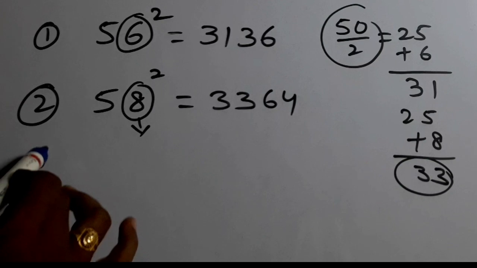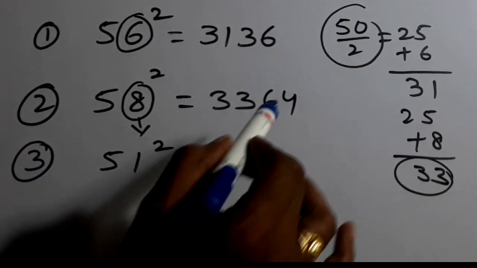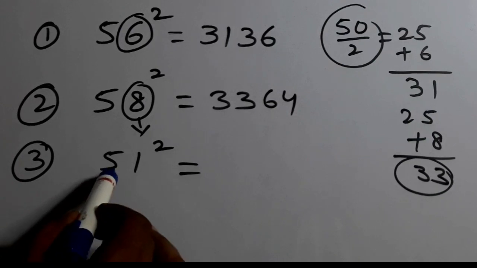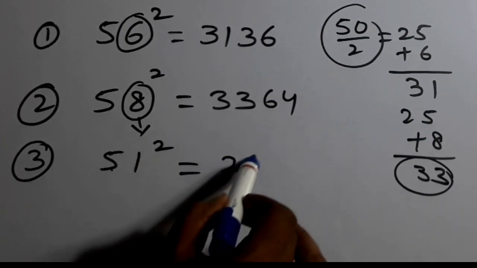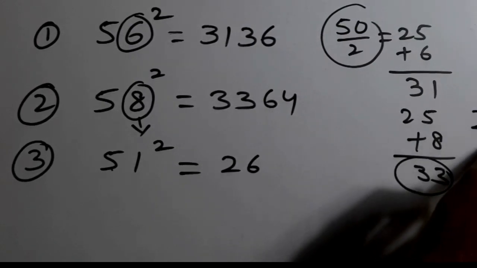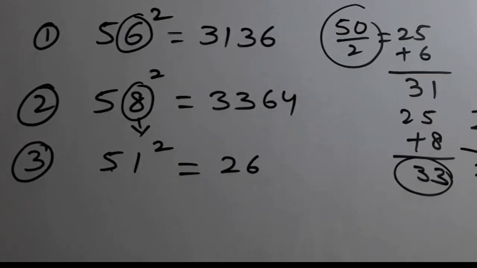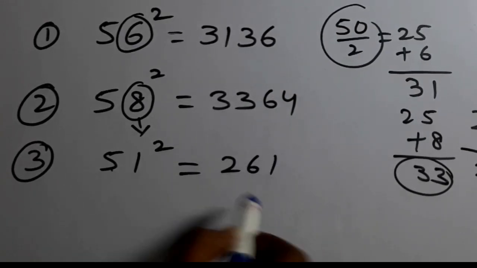One more example. 51 square. 51 square is nothing but 25 plus 1, which is 26. Half of 50 is nothing but 25. To that we have to add 1. It becomes 26. 1 square is nothing but 1. Don't write it like this.